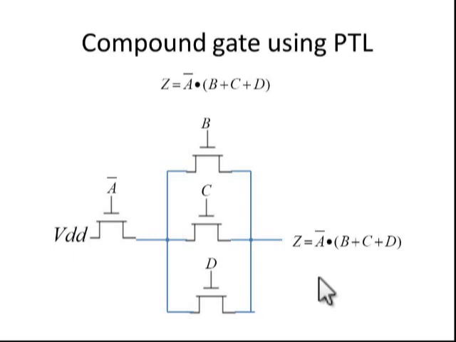And one more thing, when the condition is failed, for example, here A bar is 1 and B is 0, C is 0 and D is 0. So that means this switch is on, the remaining three switches are off.